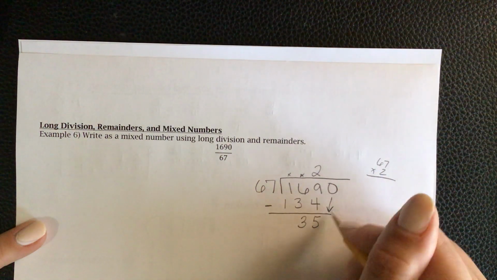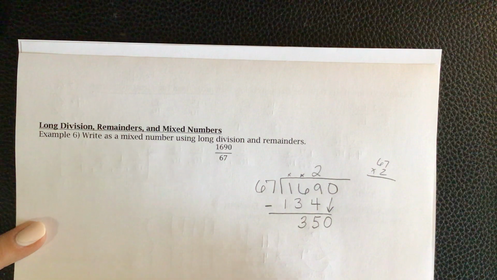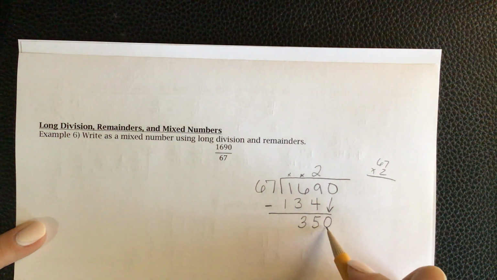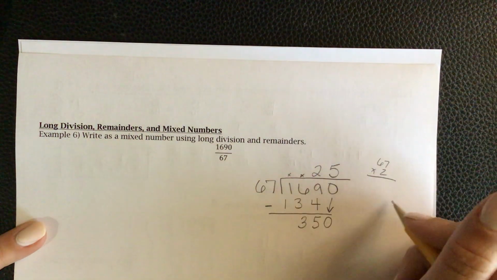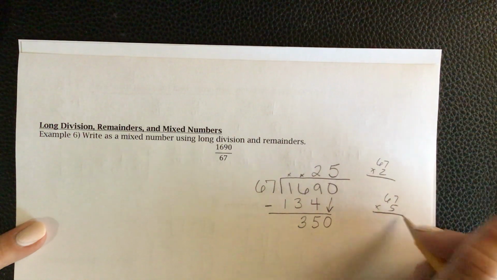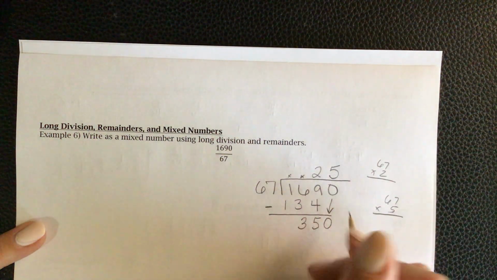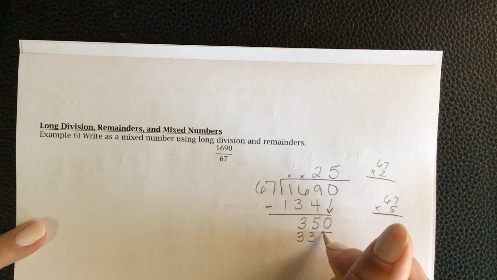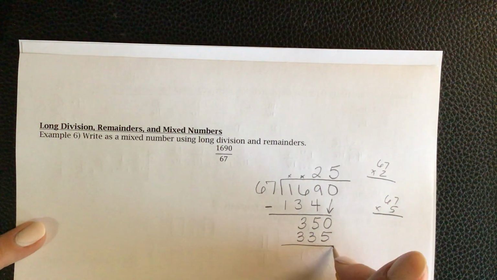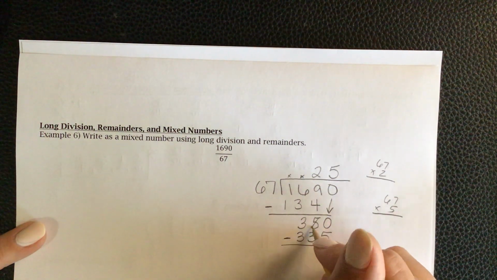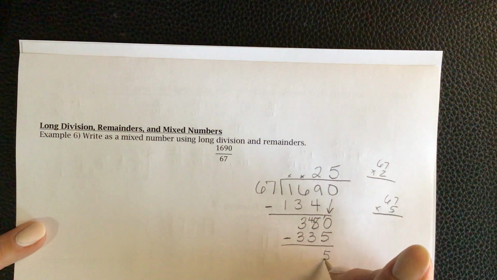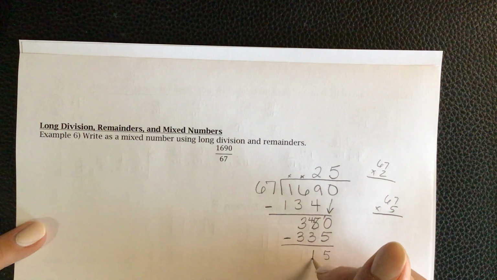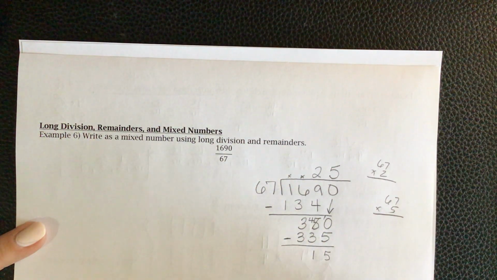I'm going to bring down the 0. How many times does 67 go into 350? Because this ends in a 0, I would try 5. 5 times 67, and when you do, you get 335. And that's pretty close. So let's subtract and see if it's smaller. We have to borrow. So 10 take away 5 is 5. 4 take away 3 is 1. And 3 minus 3 is 0.